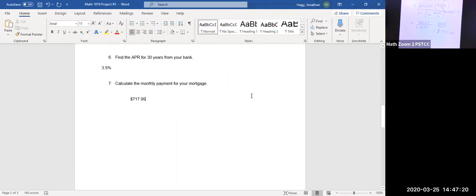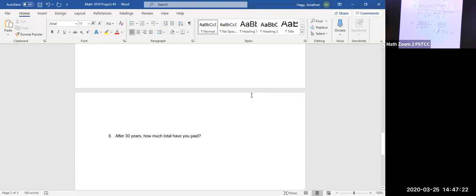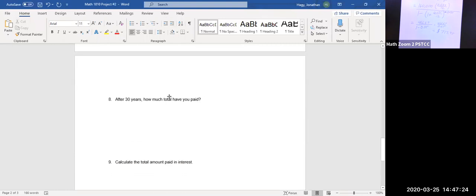Okay, what's next? After 30 years, how much total have you paid? This is a pretty simple calculation. You take the 717, and this is how much you're paying to the bank every single month.